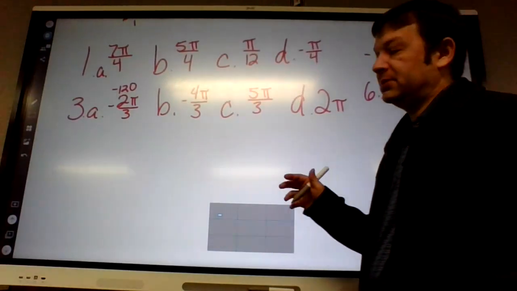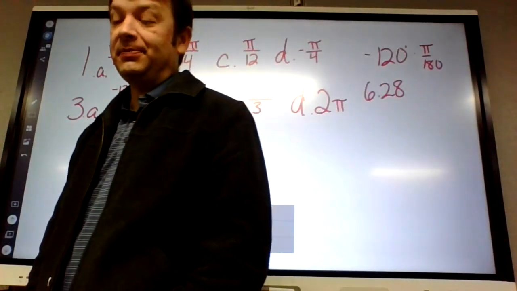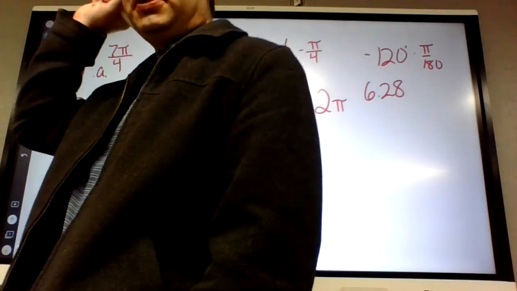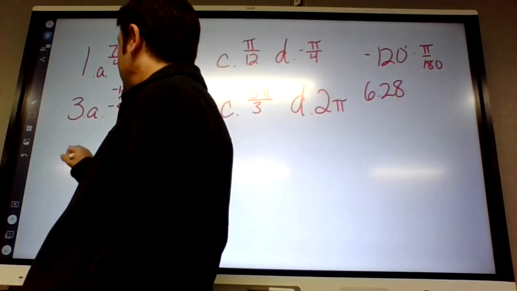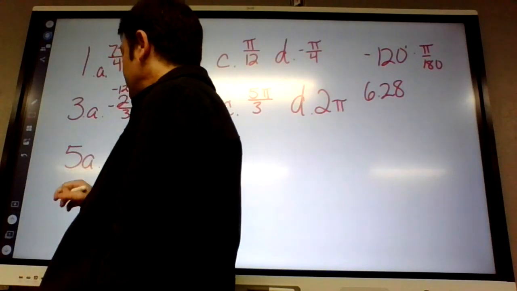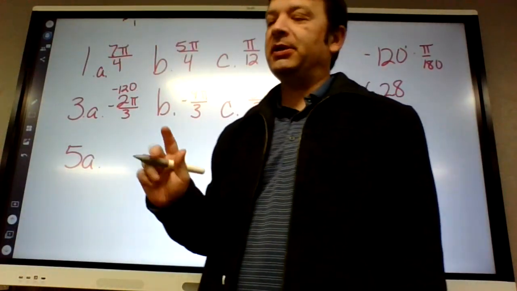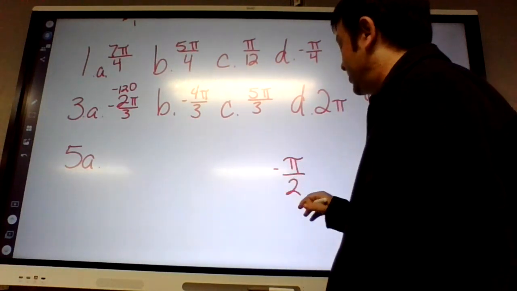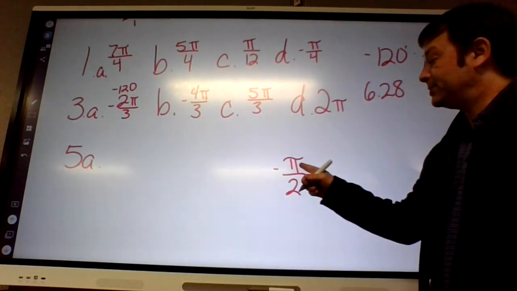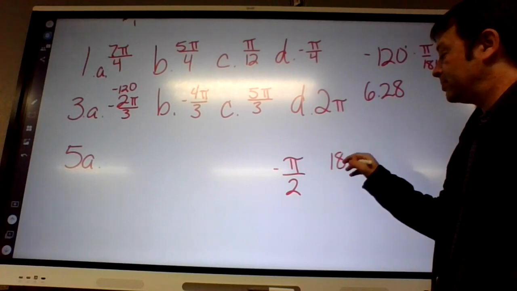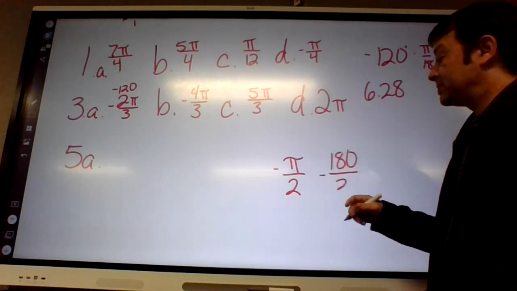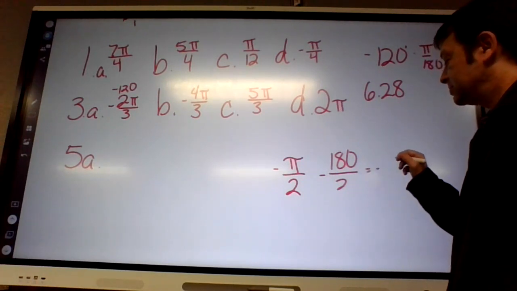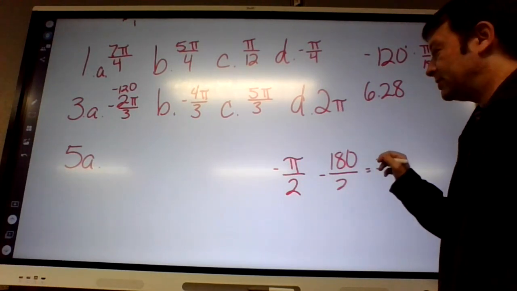All right, number 5. Same thing but backwards. So we're going from radians to degrees. You guys remember what pi over 2 was for number 5? Basically, I know I said a converter earlier, but here's an easier way to convert these. Pi just turns into 180. So it's like negative 180 divided by 2, so it's negative 90.